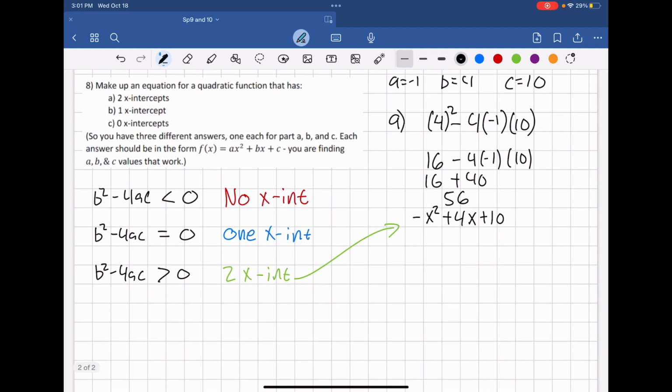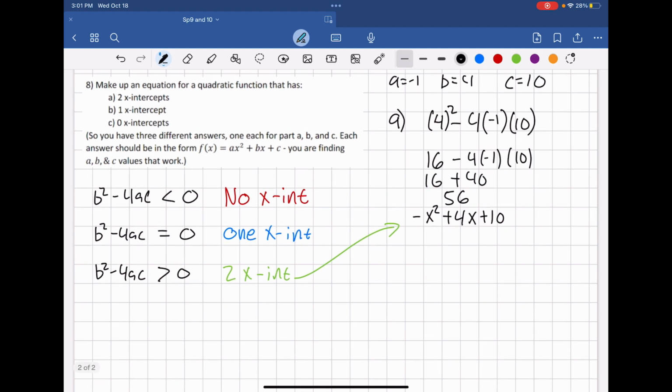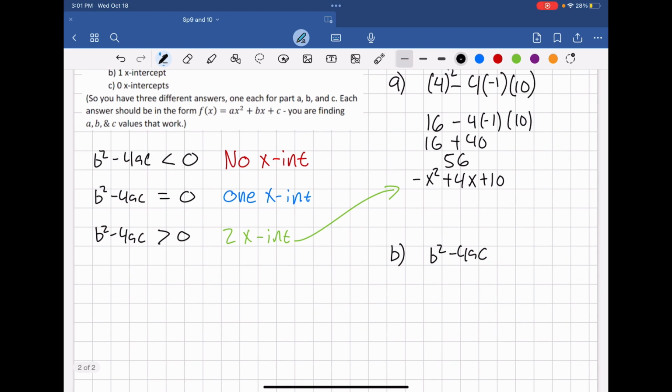Well, what about if we want just one x-intercept? We want our discriminant to be equal to 0. So b squared minus 4ac is equal to 0.